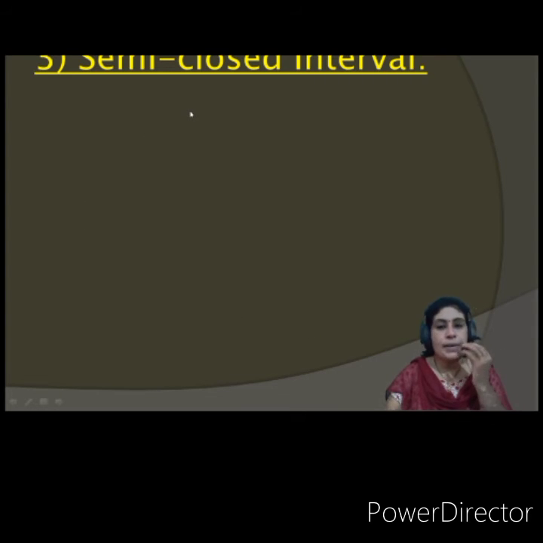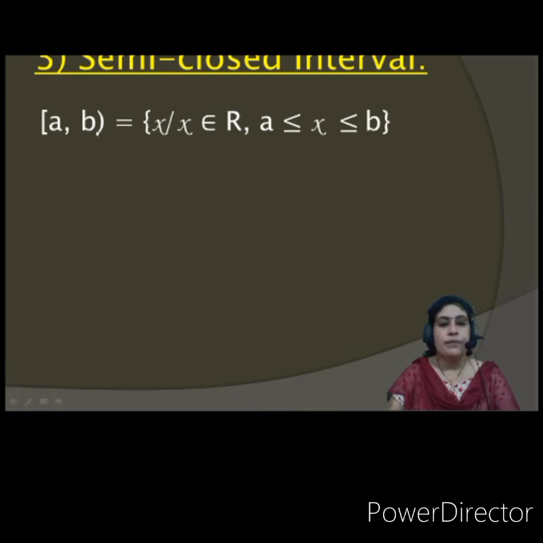Semi-closed interval. What is a semi-closed interval? It means A is included but B is not included. I don't think there is a definition given for this in your textbook, so it has not been included.